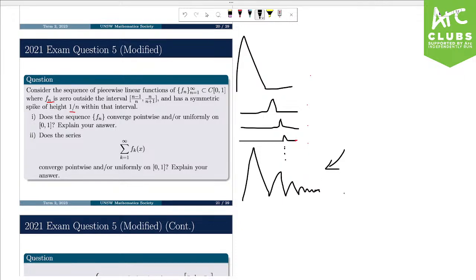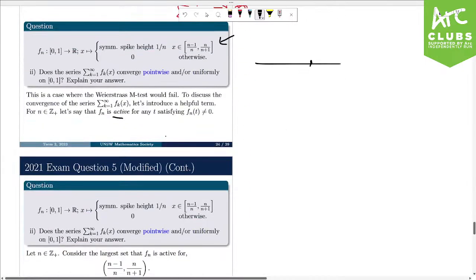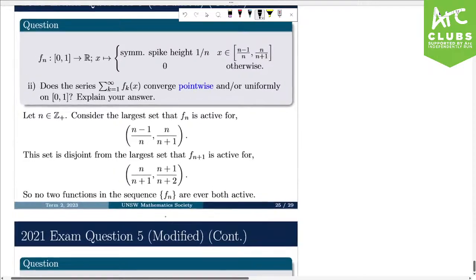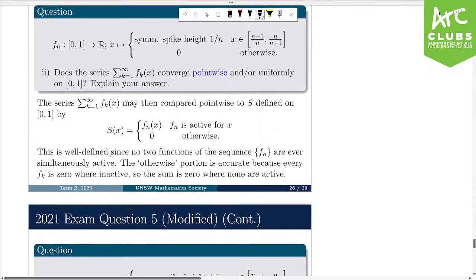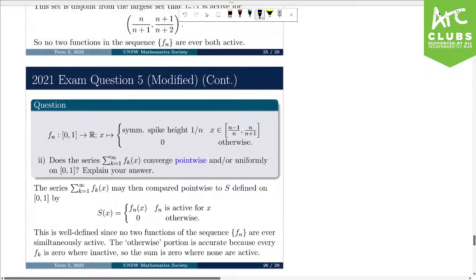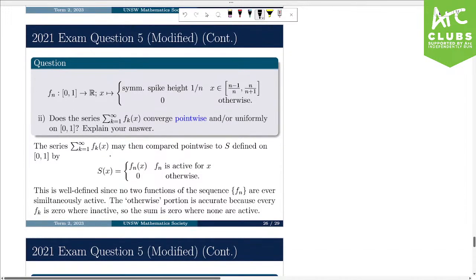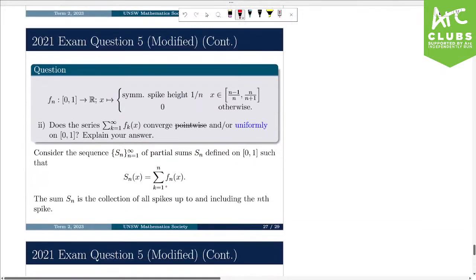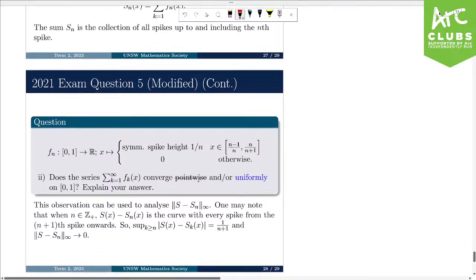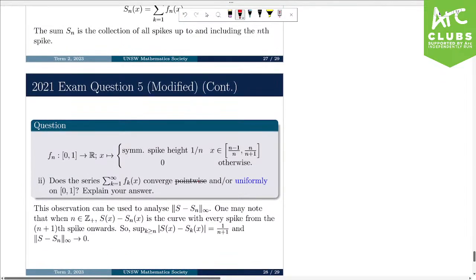So that's why this also converges uniformly, and the details of the proof are here. So this is formally defining our limit function, and here is talking about the uniform convergence.